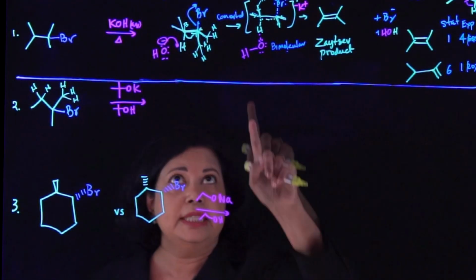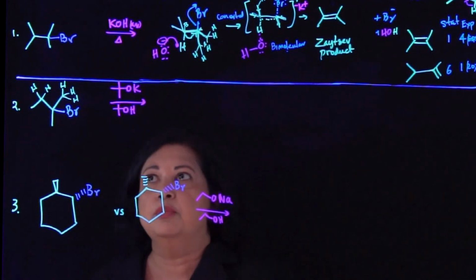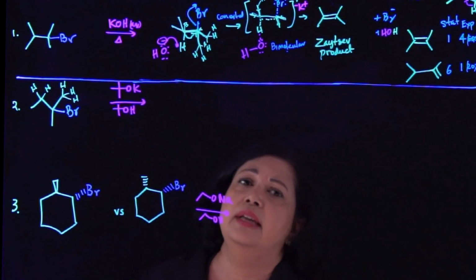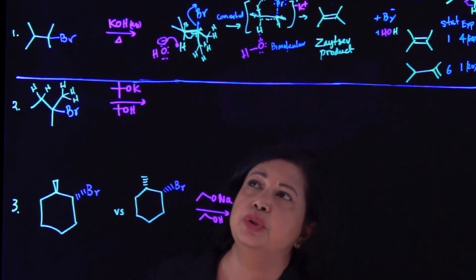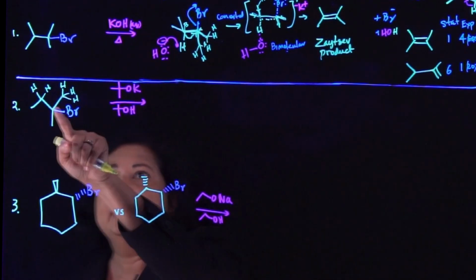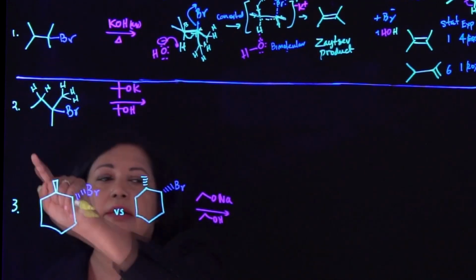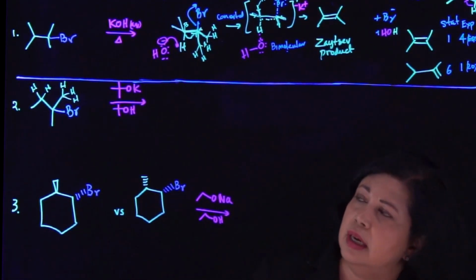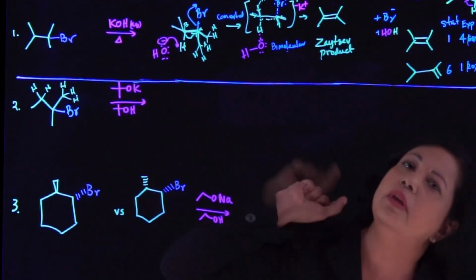So, well, we just said it wants to pull off the one that's more substituted. Now, this t-butoxide is going to have a problem with that because it's so big and it's so bulky. It really can't get in here because of all the steric hindrance.